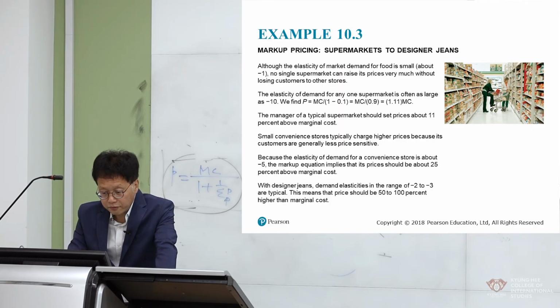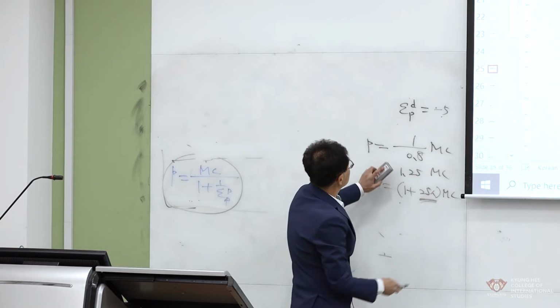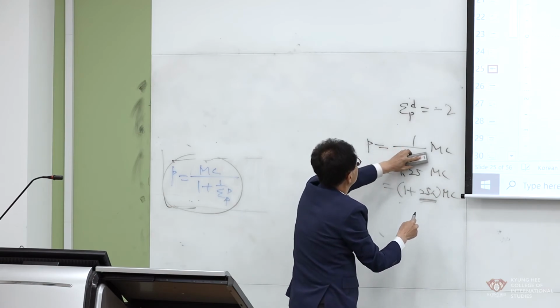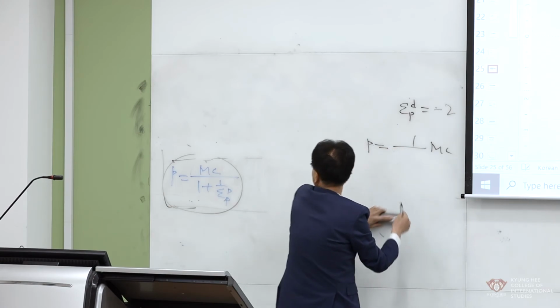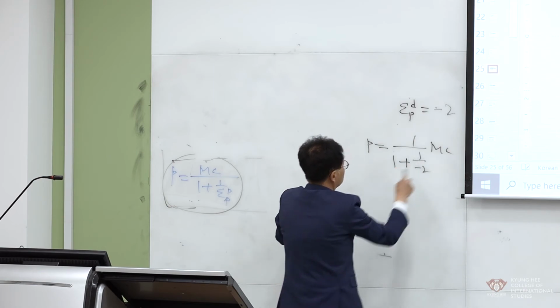Also, the final example is designer jeans. Demand elasticities in the range of -2 to -3 are typical. This means that, for example, -2, right? That is -2. Then what happens? Price is marginal cost over 1 plus 1 over -2.